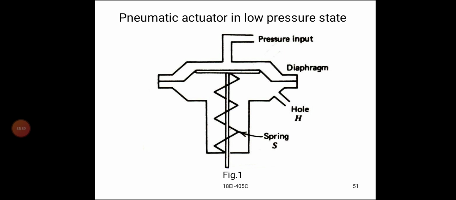The spring S, and a hole H to release to atmospheric pressure. In the low pressure state, the diaphragm position is as shown in the slide. Less pressure causes less movement of the diaphragm, so the stem position change is very small.